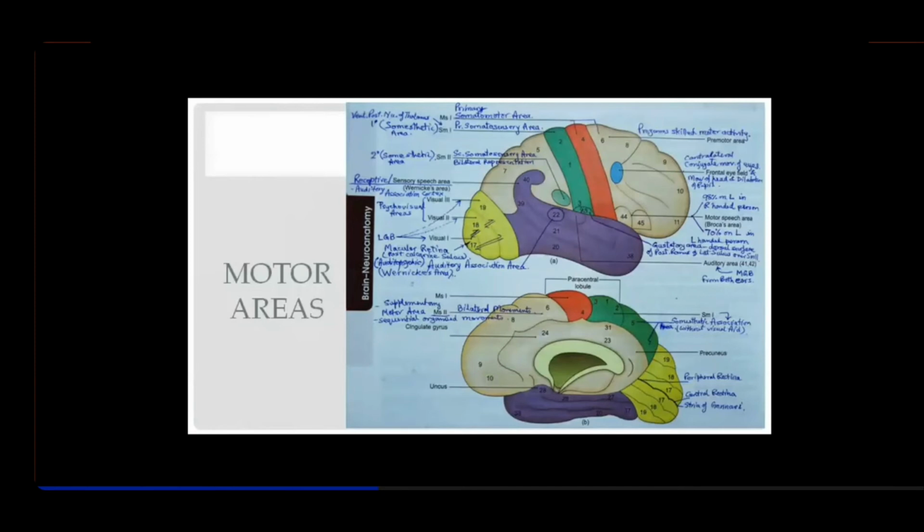functions. Higher functions means those which make you an evolved human being, Homo sapiens sapiens, with those functions with which we are much more evolved than our ancestors like monkeys and chimpanzees.